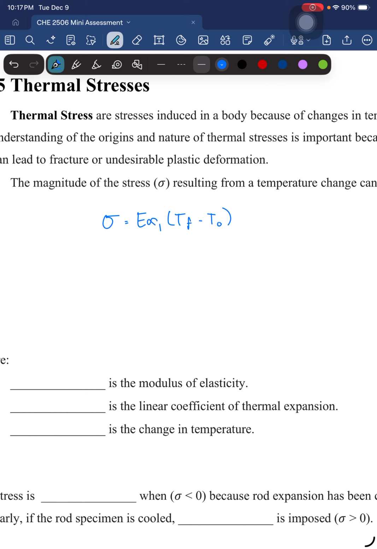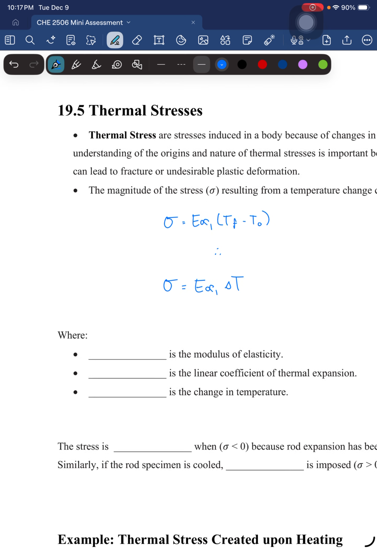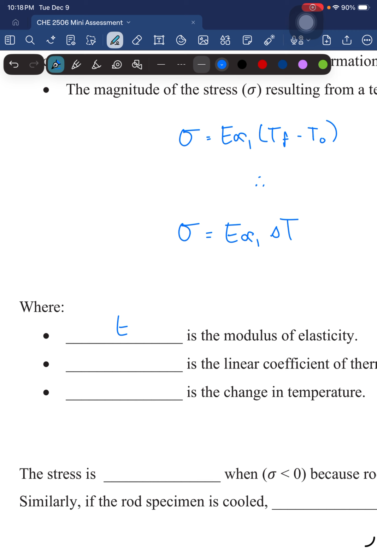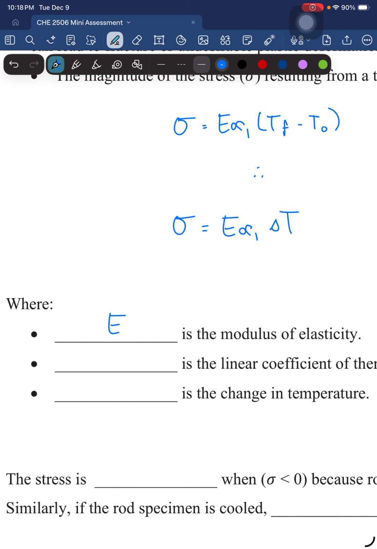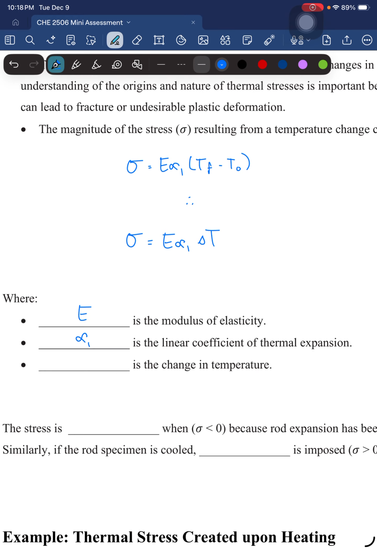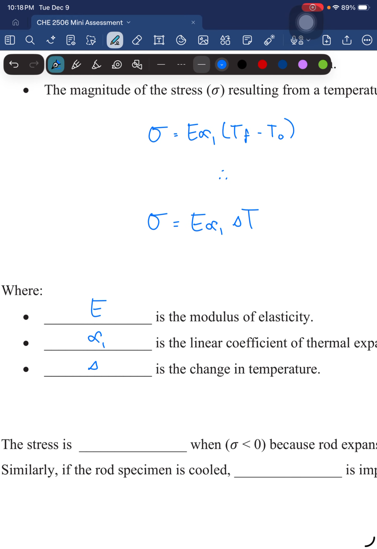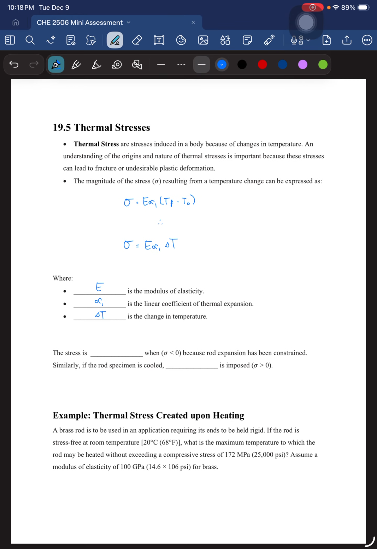So really we could write this formula as sigma equals E alpha L delta T, where E is our material's modulus of elasticity, and just like we talked about earlier, alpha L is our linear coefficient of thermal expansion, and delta T is the change in temperature.